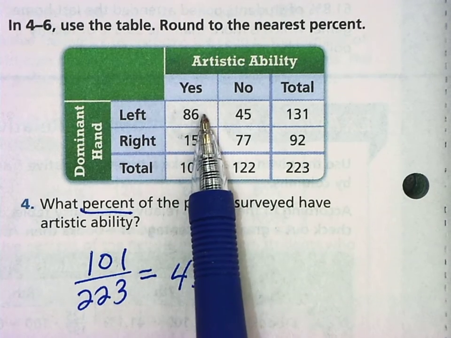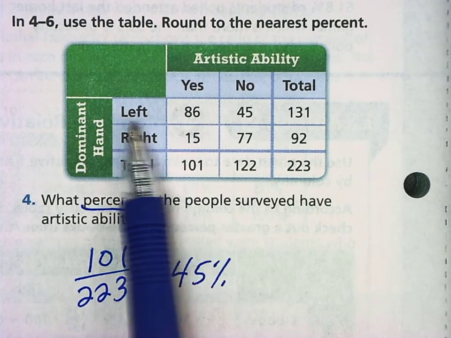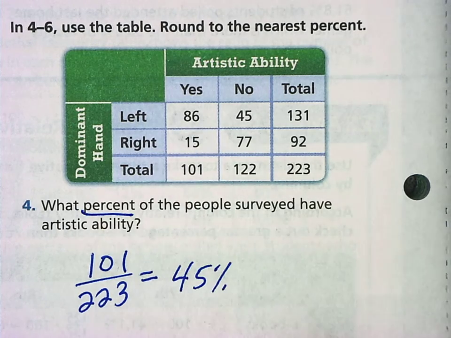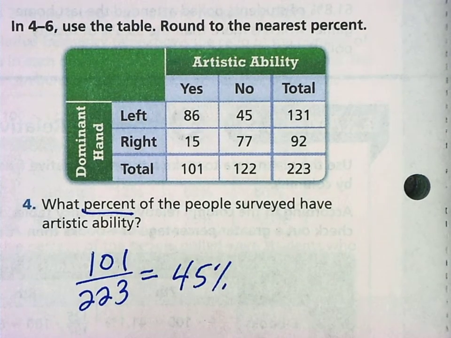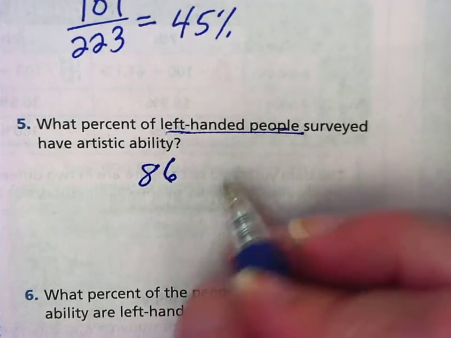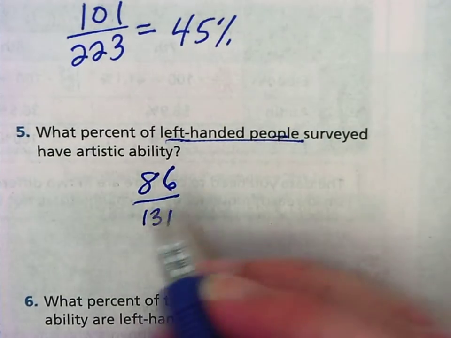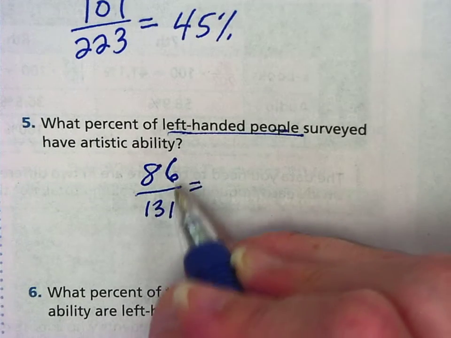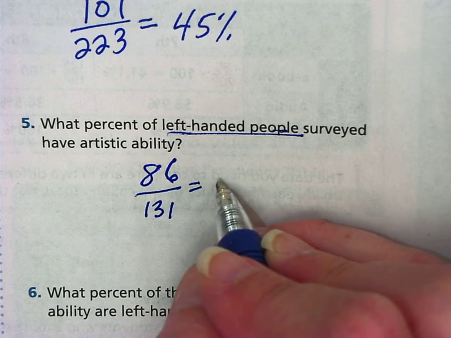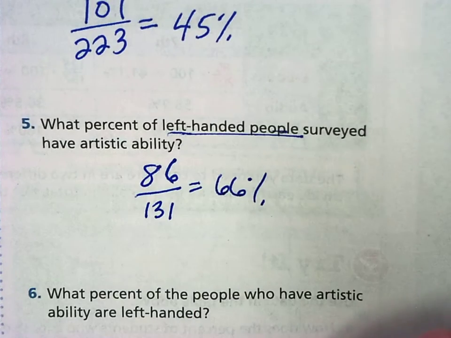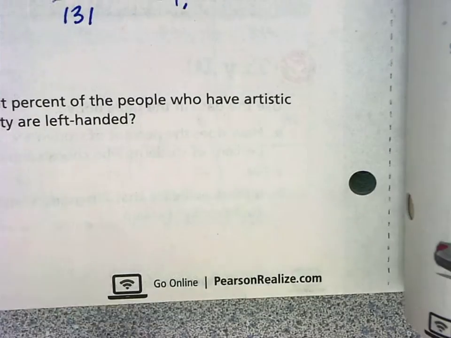Well, 86 people that are left-handed out of 131 said yes. So 86 divided by 131, because we're looking at it by row now, because it was talking about left-handed. So plug that in your calculator, 86 divided by 131, and move the decimal 2 places to the right and round, 66%.